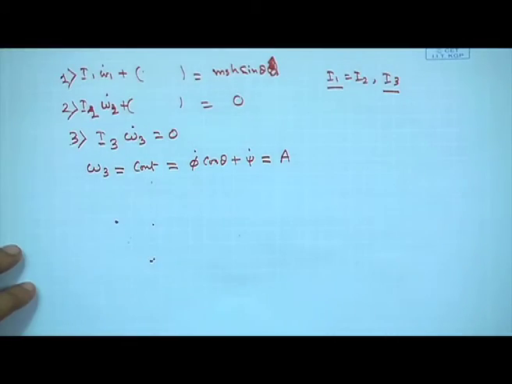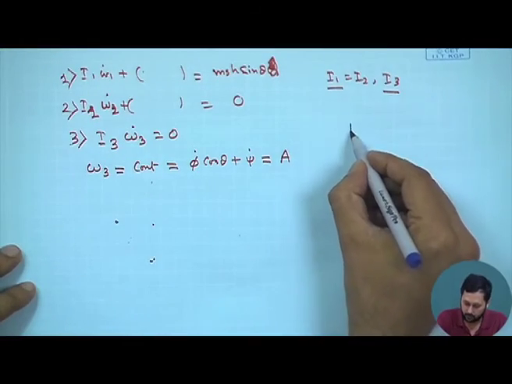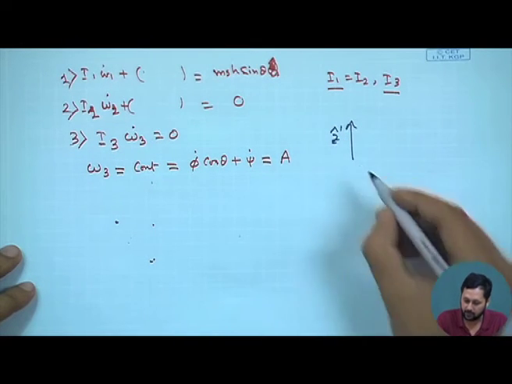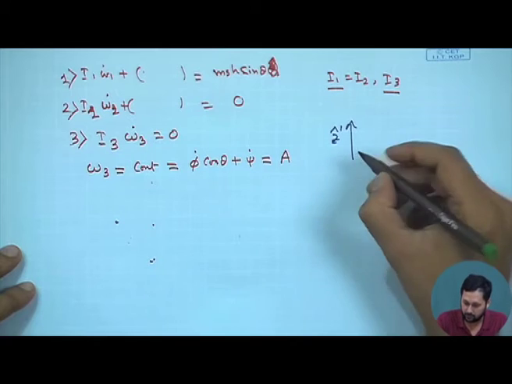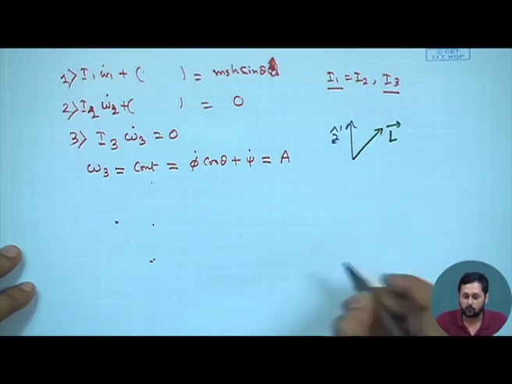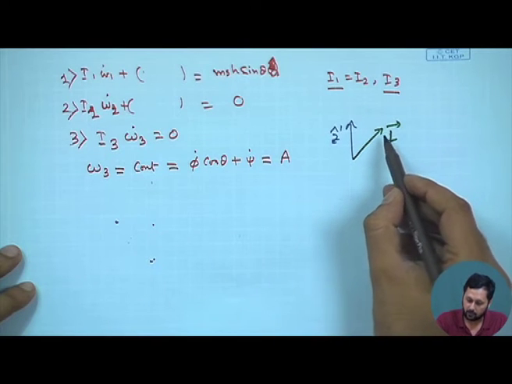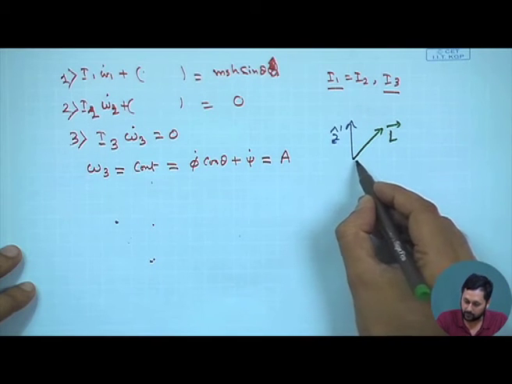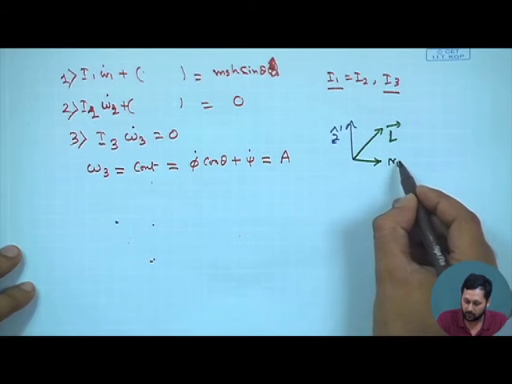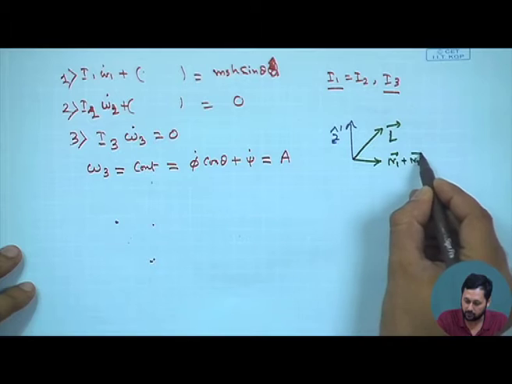Let us say this is your space Z, which is Z prime, and let us say this is your angular momentum L. Because there are torques in the xy plane, let us say this is the general direction of the torque, which is N1 plus N2 in the xy plane.